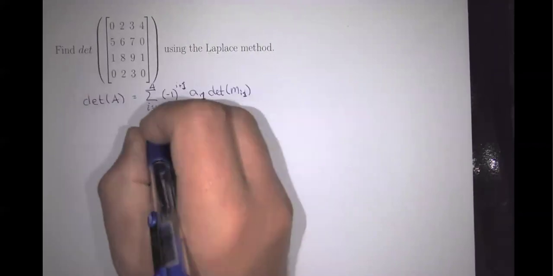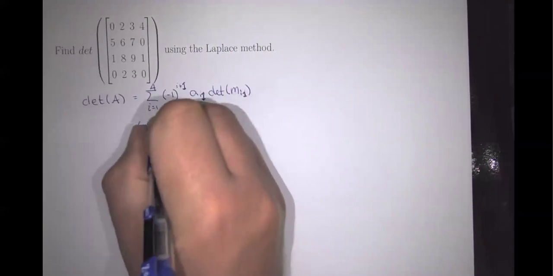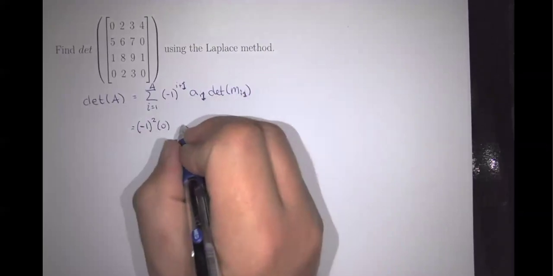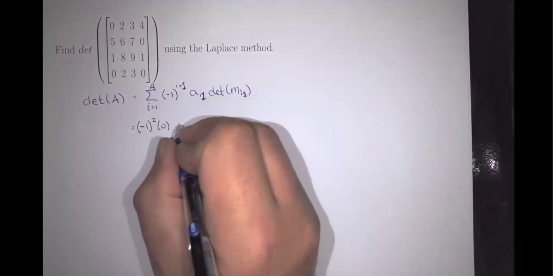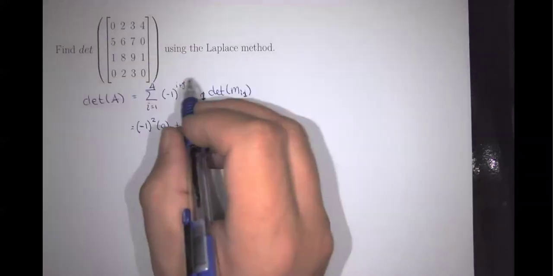So start with our 0. We get -1 squared times 0 times some determinant, which we'll not worry about, plus -1. So we're on row 2, column 1.